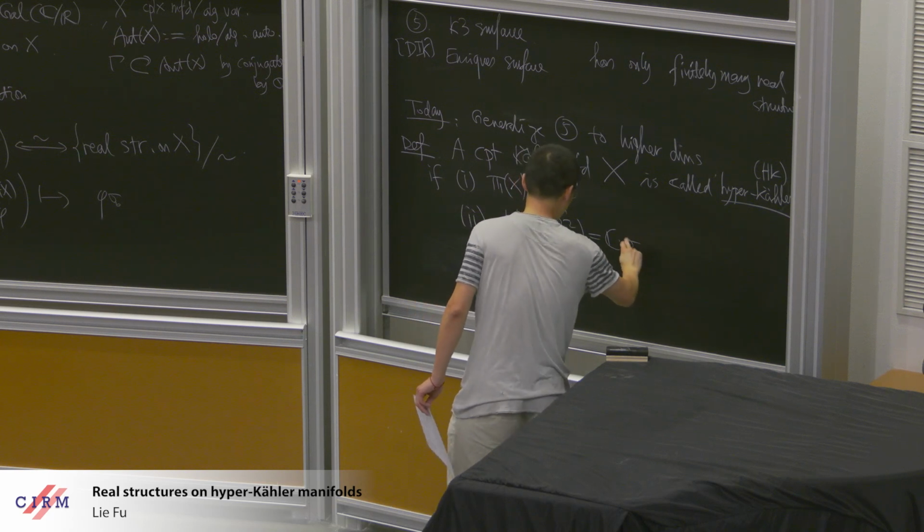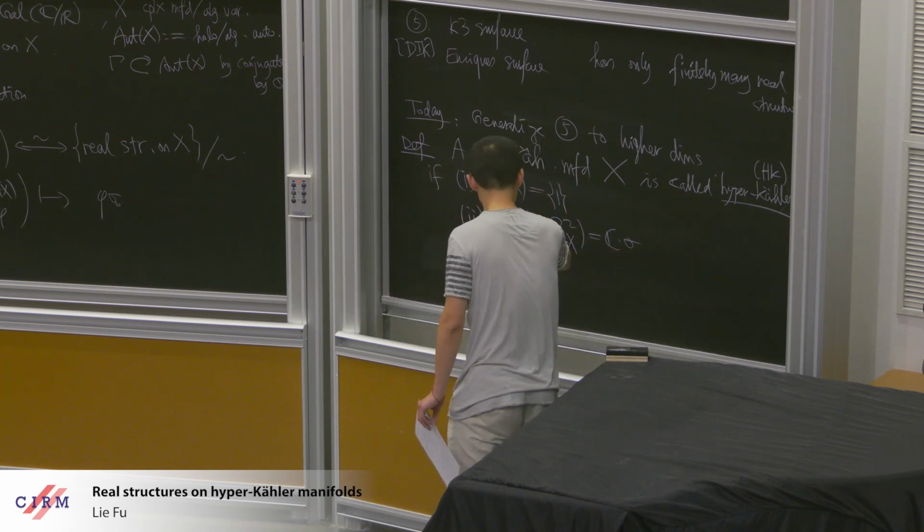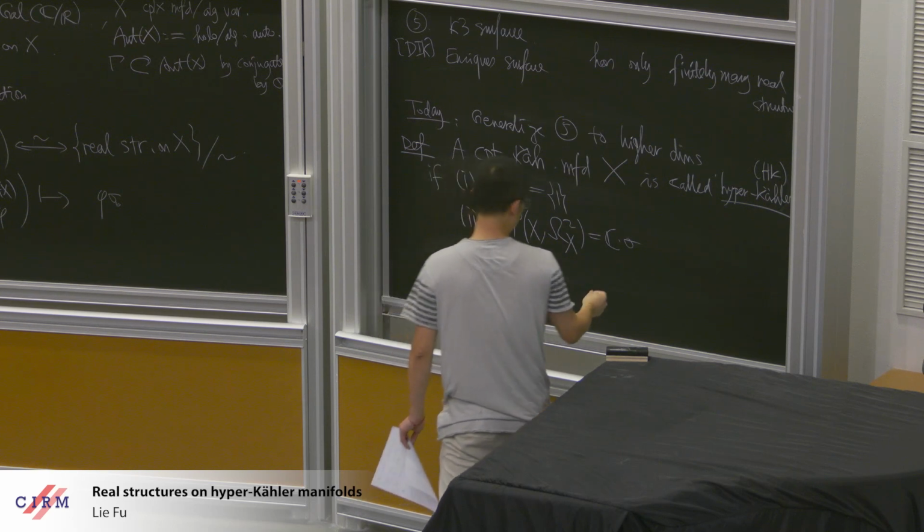So I assume that the holomorphic two-form generates the space of two-forms.